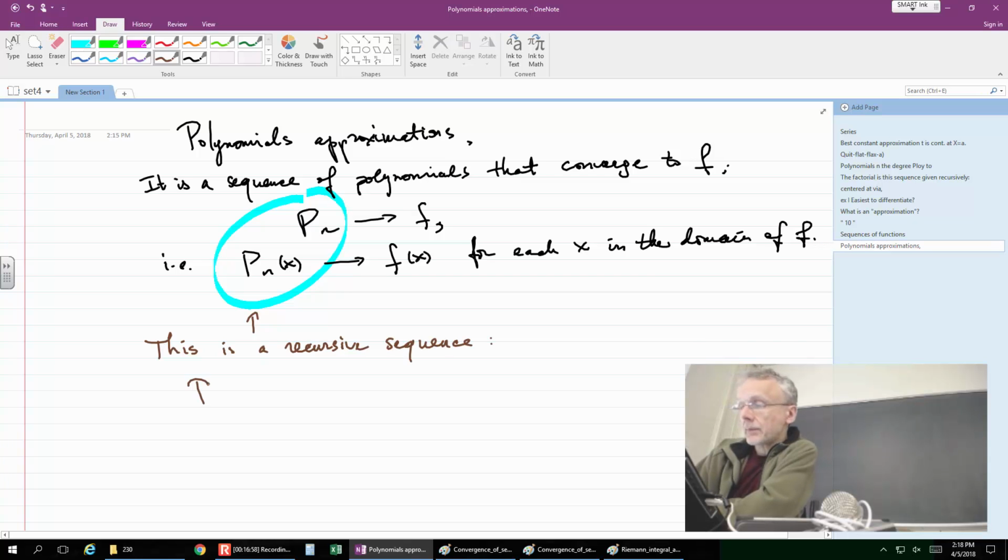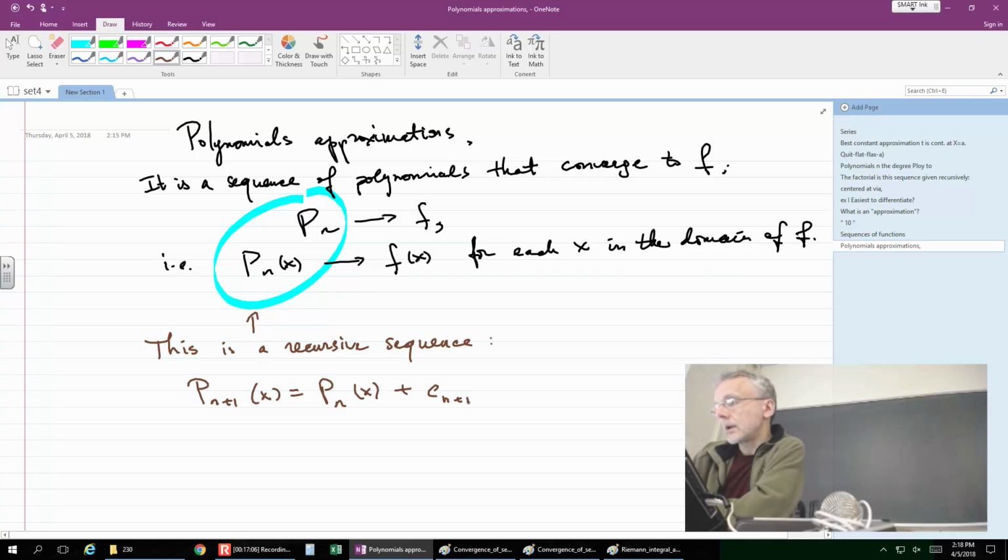Recursive meaning that P(n+1)(x) is equal to Pn(x) plus some extra (n+1)st term, c(n+1) times (x minus a) to the n+1. Okay? Recursive. So these polynomials are not unrelated to each other, but rather they build consecutively by adding one extra term to itself.